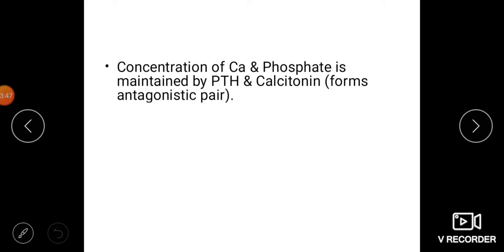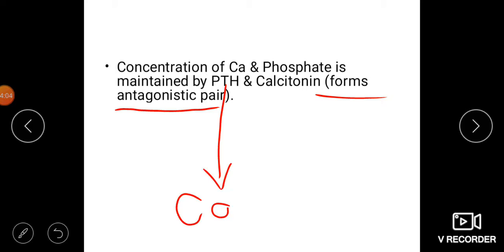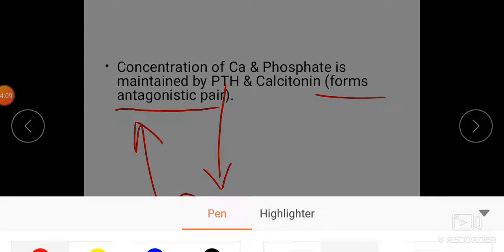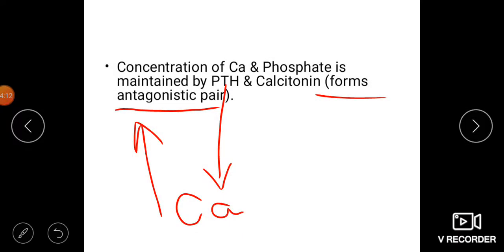Concentration of calcium and phosphate is maintained by PTH and calcitonin, which form an antagonistic pair. Antagonistic pair means opposite pair. PTH can increase the level of calcium in blood, while calcitonin can decrease the level of calcium in blood.